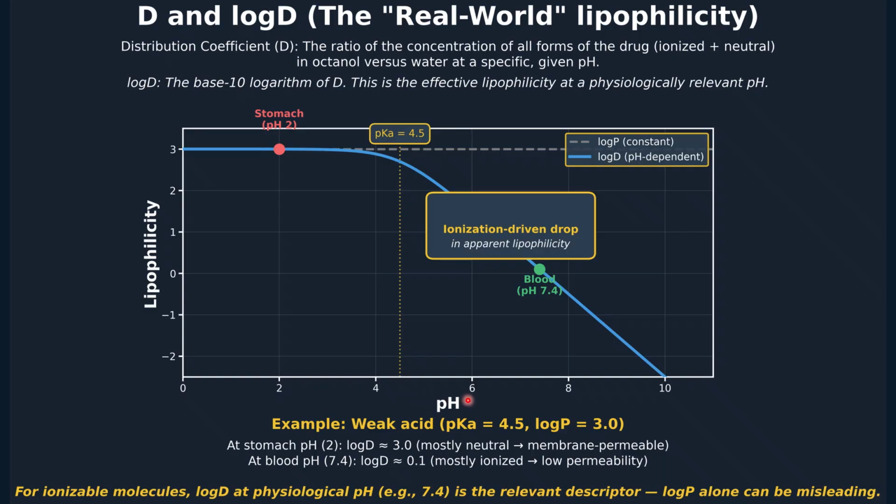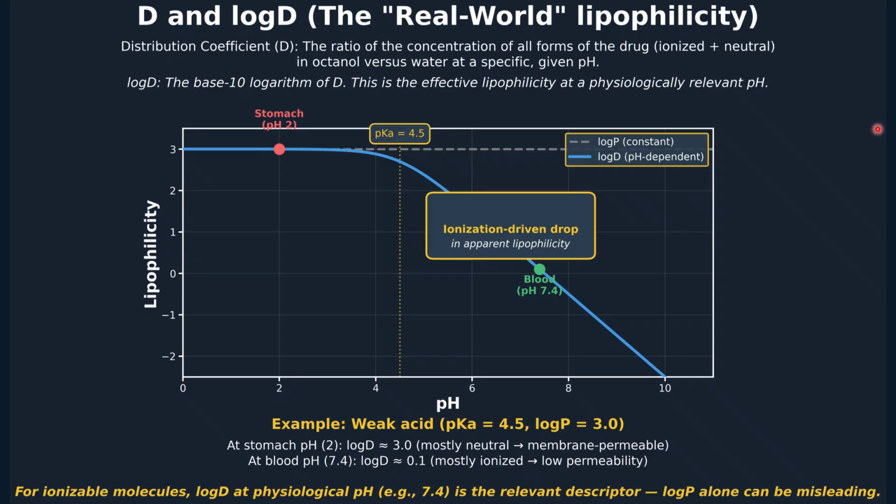you can see here, now you will see crossing 4.5, past pKa 4.5, ionization increases, and we see this ionization driven drop in the lipophilicity. By the time we reach around pH 7.4, that's the blood pH, log D has dropped to just about 0.1 or something like that.